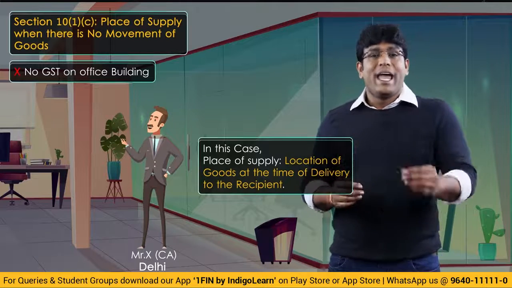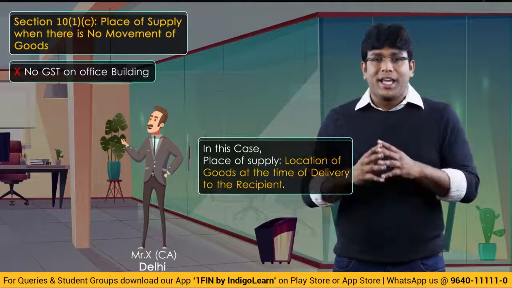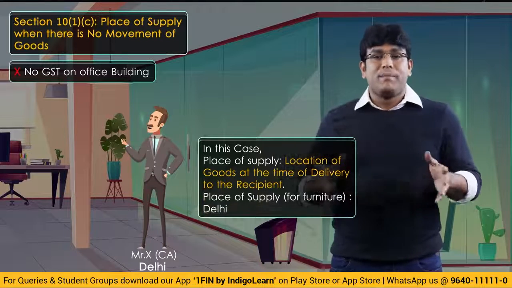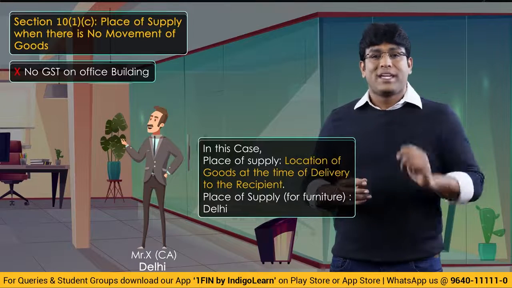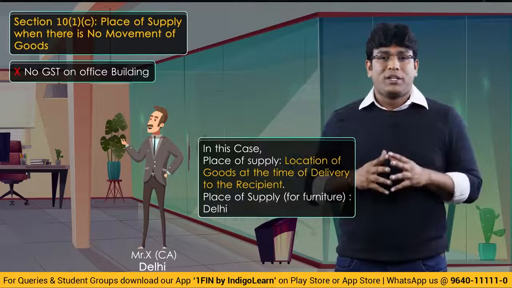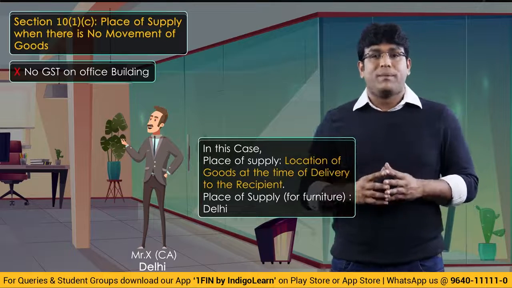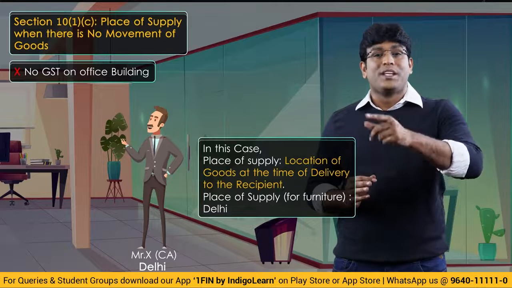In our example, X purchased office space along with furniture, and that is where? In Delhi. In my example, my dear friends, place of supply for that furniture will become Delhi, because 10(1)(c) is applicable to a case where there is no movement of goods, and in case where there is no movement of goods, place of supply will be location of goods at the time of delivery to the recipient.